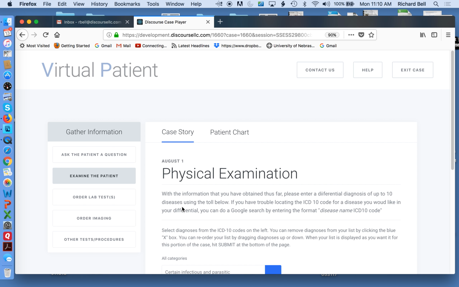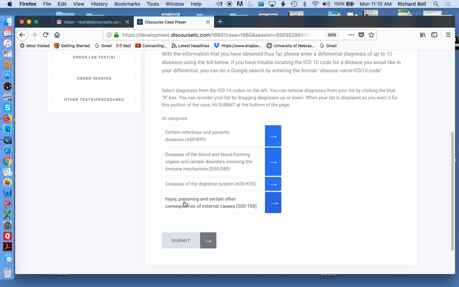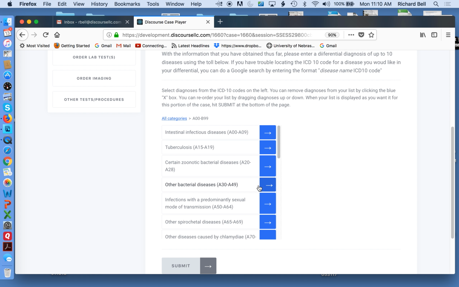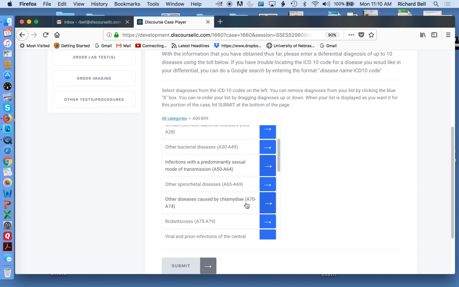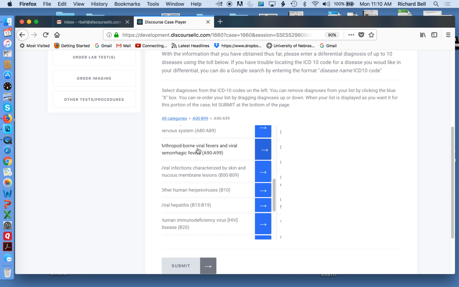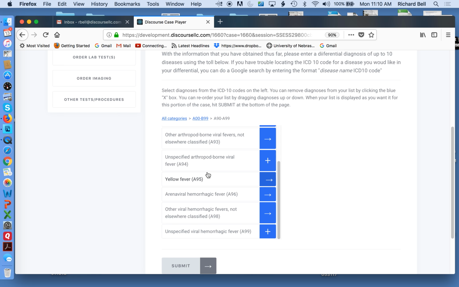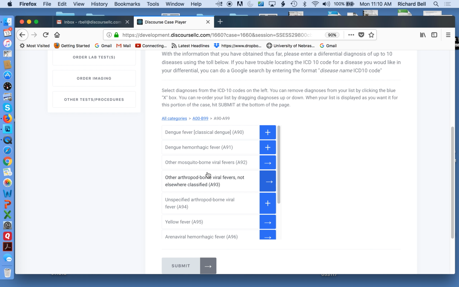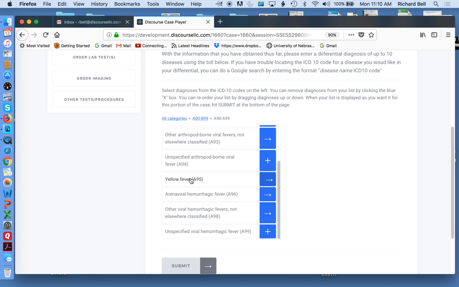And they go on, and they have to choose a diagnosis. And so if they go into infectious and parasitic diseases, they'll see this group of fevers.